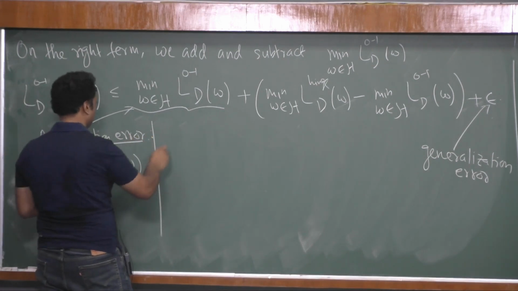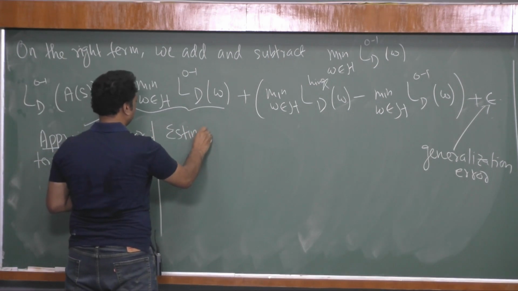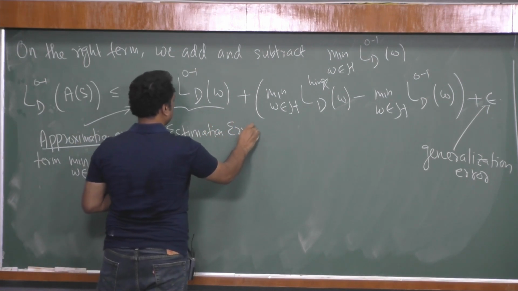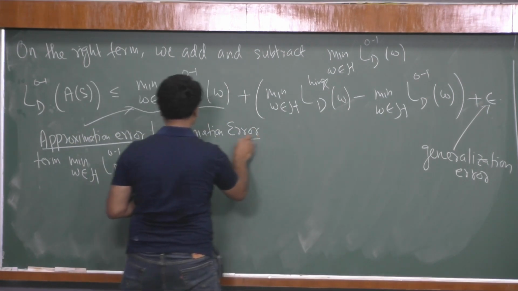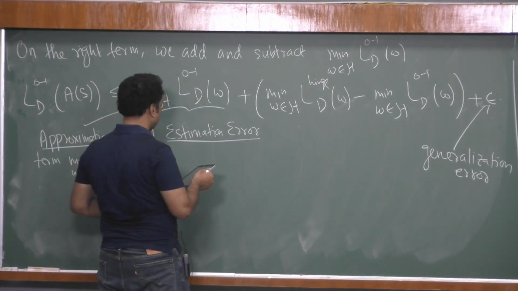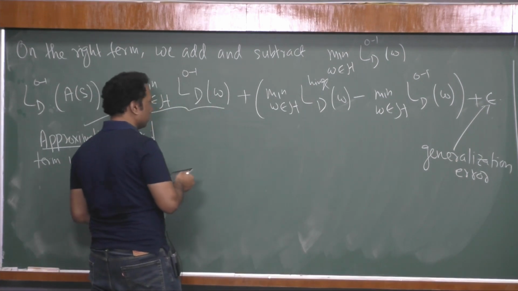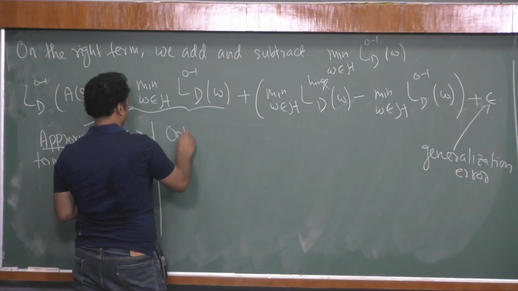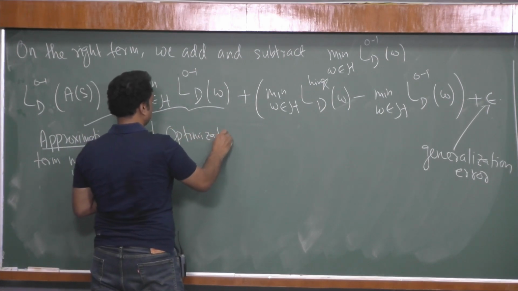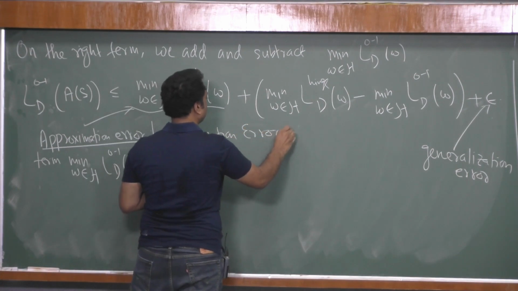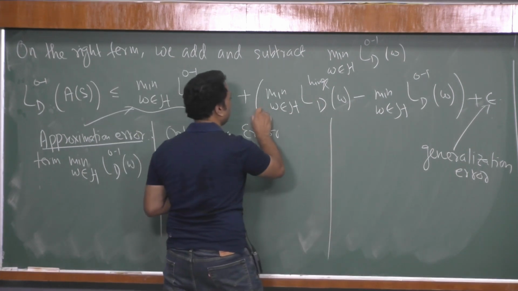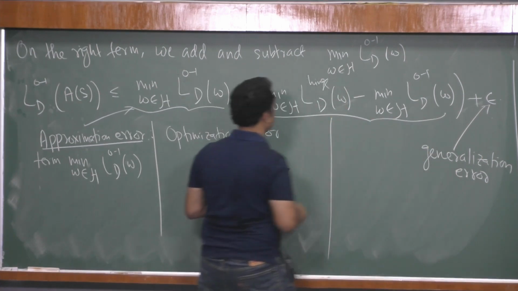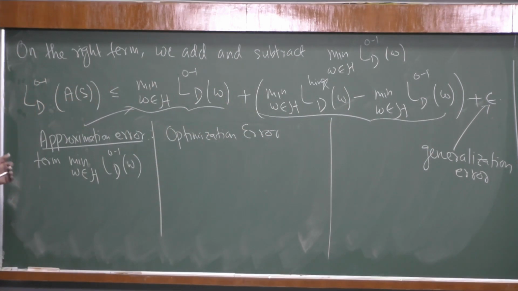And then we have estimation error. So this is how we estimate it with the surrogate loss. Let us say this is the optimization error. So we call this second term here an optimization error, because we saw that optimizing with a non-convex function is difficult because it may lead to some local minima.